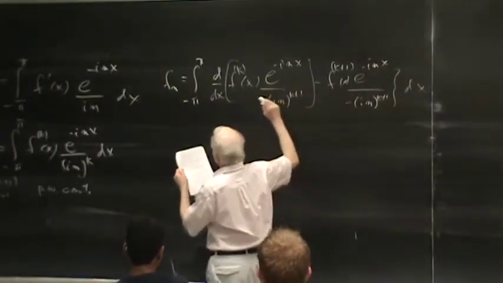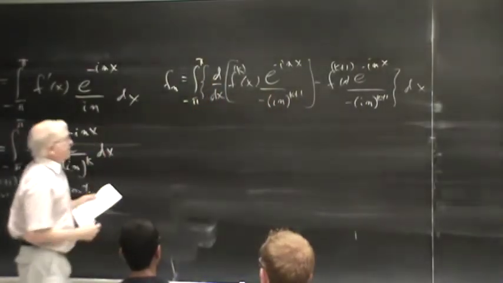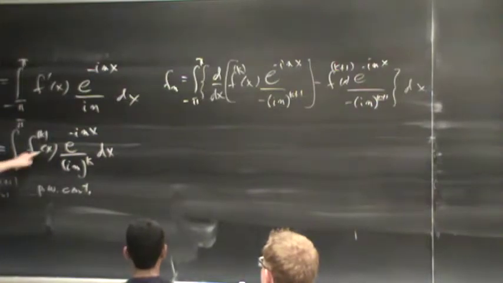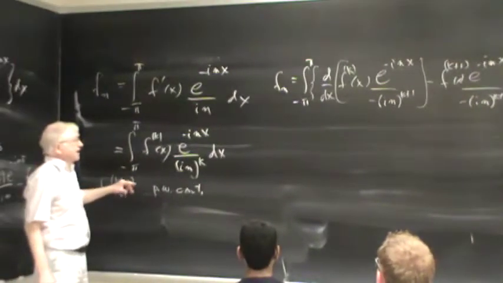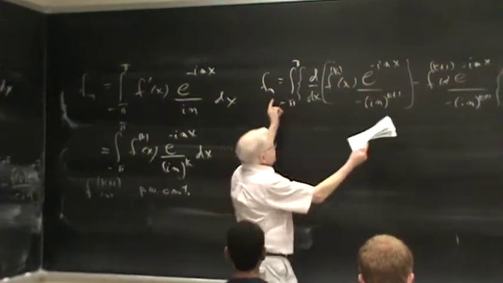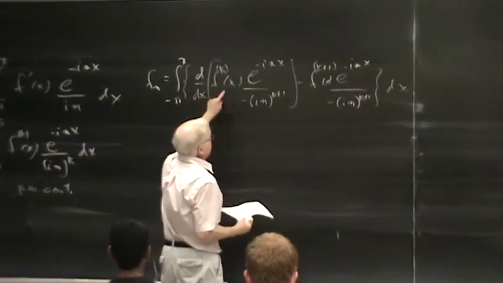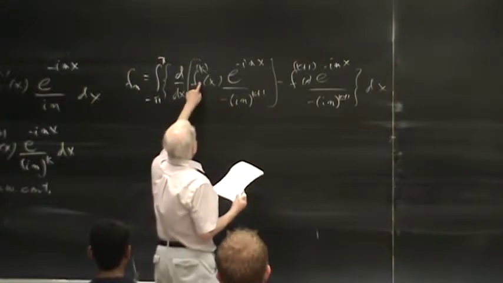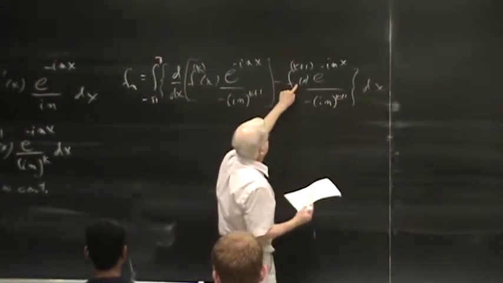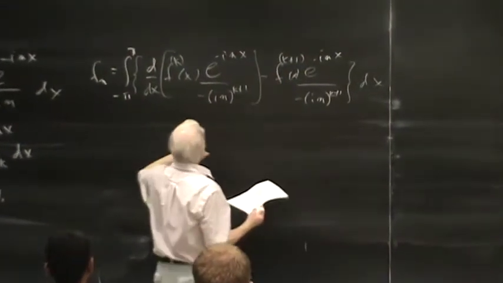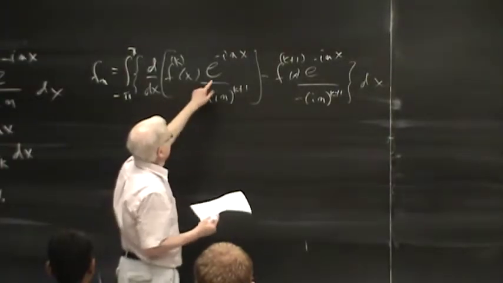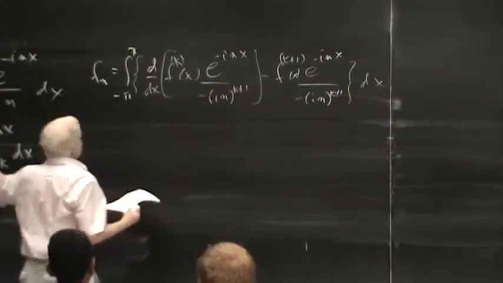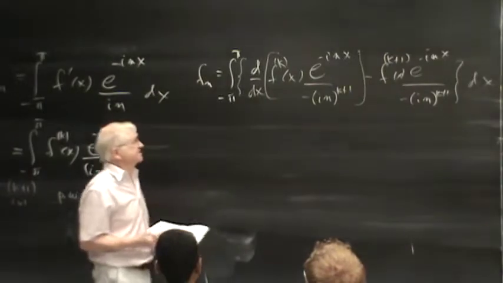Okay, so that's what you get if you take this expression and differentiate. The differentiation gives you f^(k+1), which is piecewise continuous, and then the derivative on this gives you that term, and the thing cancels in total.